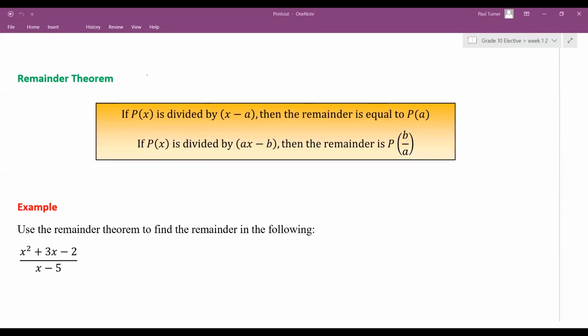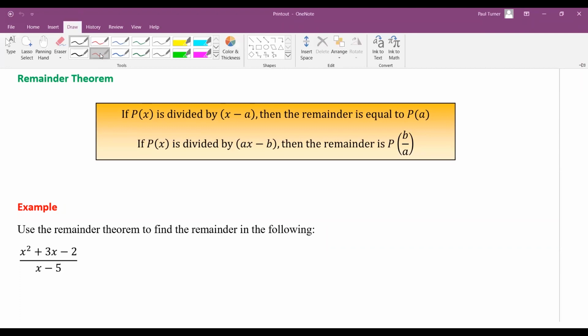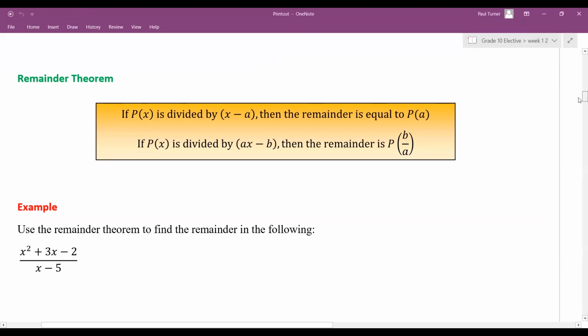Okay, so remainder theorem. There's my drawing pen. Okay, so actually the remainder theorem is very similar to your factor theorem, right?